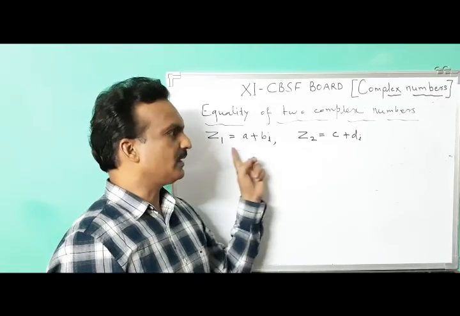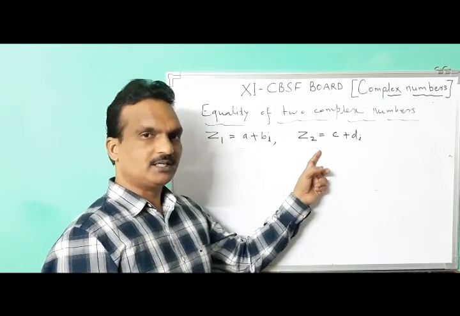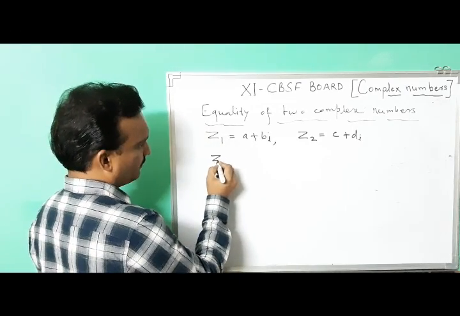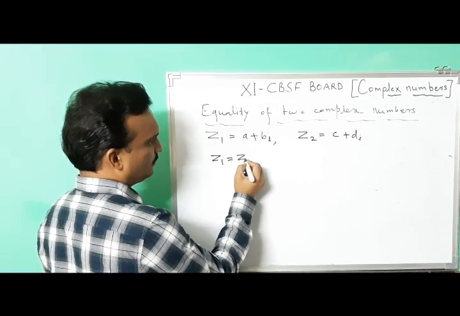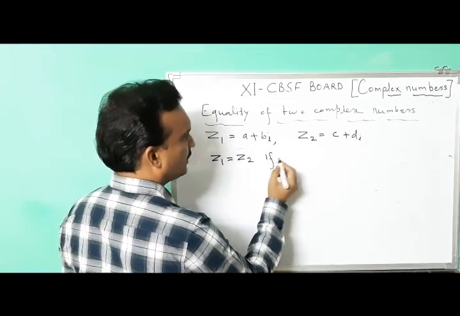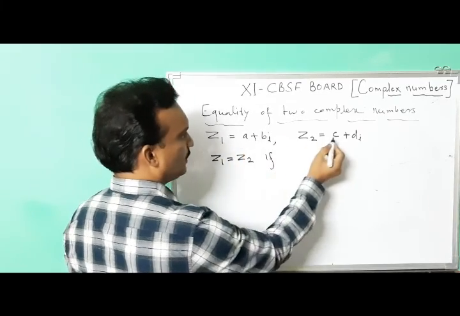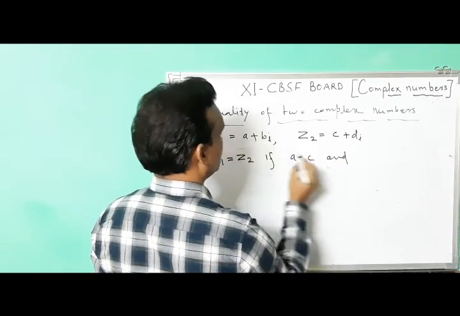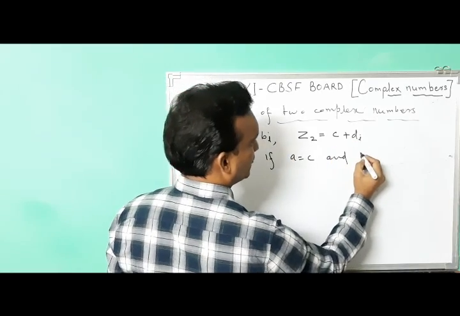These two complex numbers are said to be equal if and only if, that means Z1 is equal to Z2 if A is equal to C and B is equal to D.